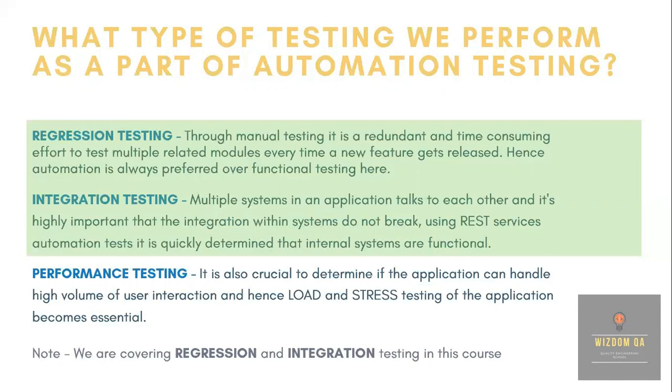I have informed you that if a particular feature in an application is getting added with a new feature, or you are fixing a particular defect, you're supposed to test all relevant modules. That is what regression testing talks about.